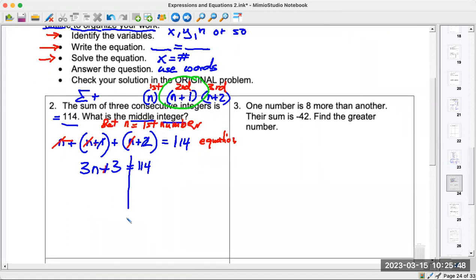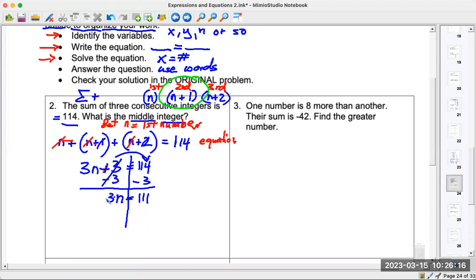So you draw your line. We're going to start with the 3. The 3 has to go over here, so we subtract it, opposite. It's added, so it's subtracted. +3 - 3 is gone. Bring down your 3n. Bring down your equal sign. 114 - 3, I believe, is 111.